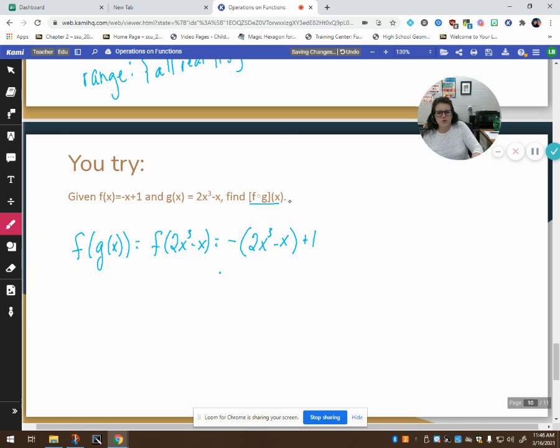Okay, so we're going to distribute. I've got negative 2x cubed plus x plus 1. And my domain and my range, again, are all real numbers.